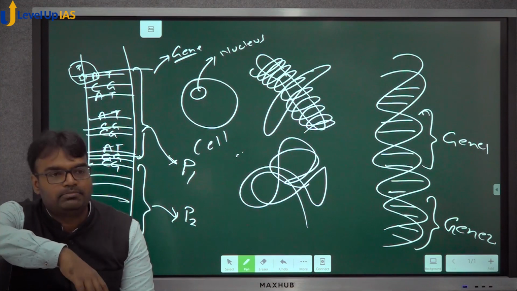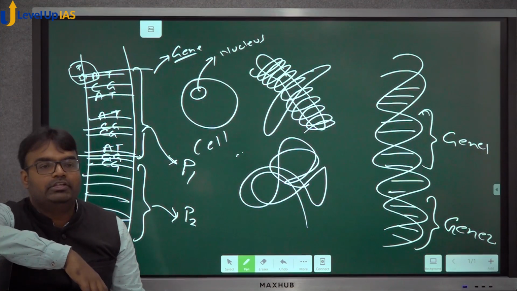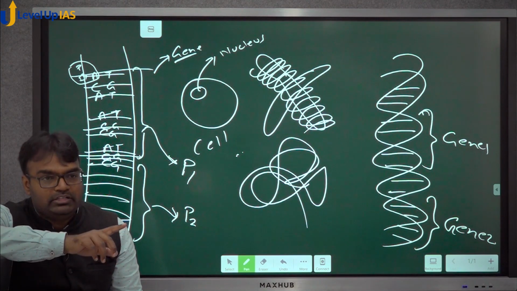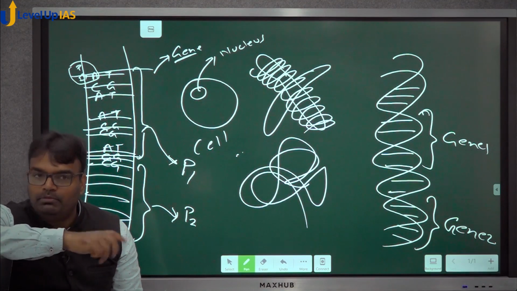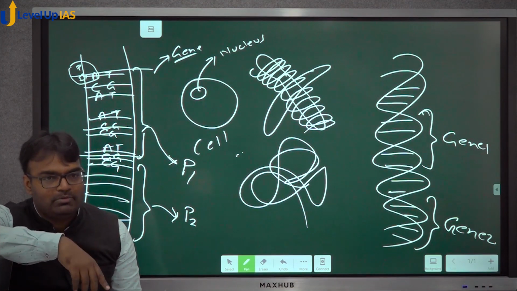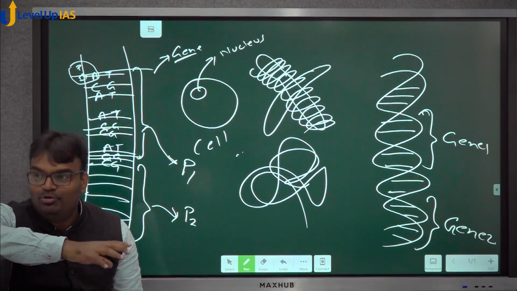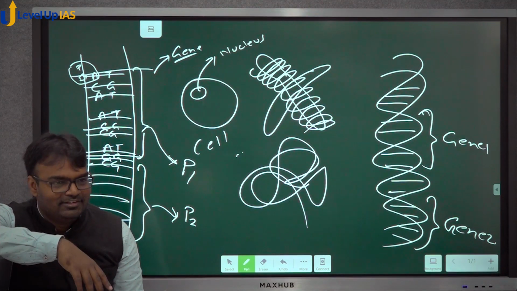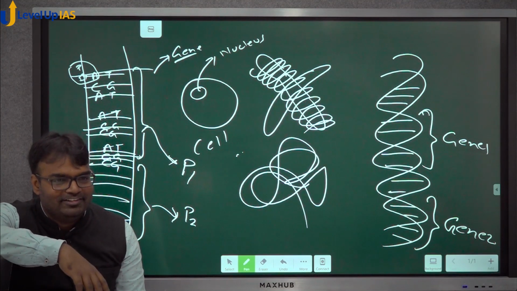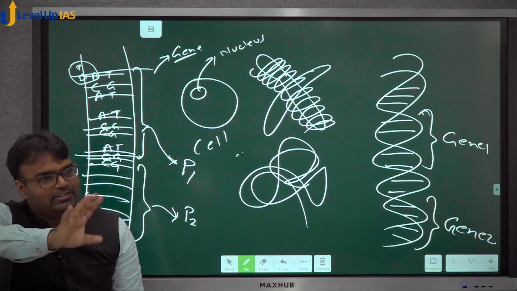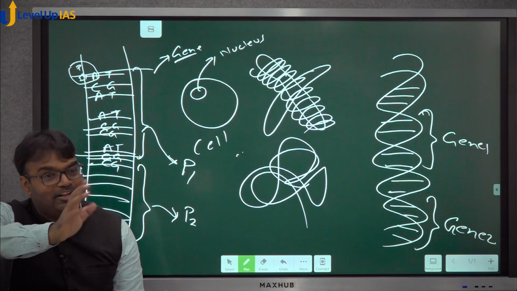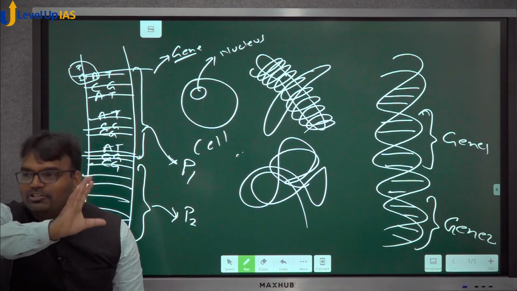So a question was asked by UPSC a few years back where they said gene transfer is possible among which of the following pairs? Plant to animal, animal to bacteria, humans to fox. The humans to fox option was not there, but yes, it's possible. Humans to plants, plants to humans, yes, it's possible.